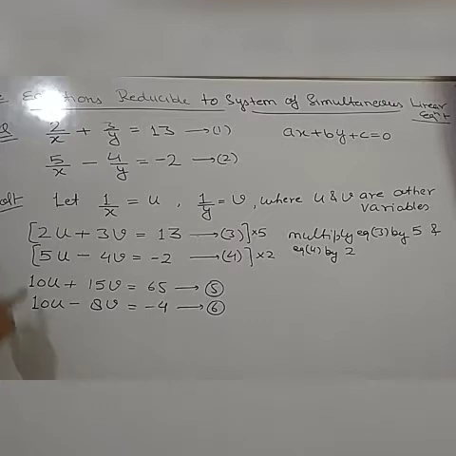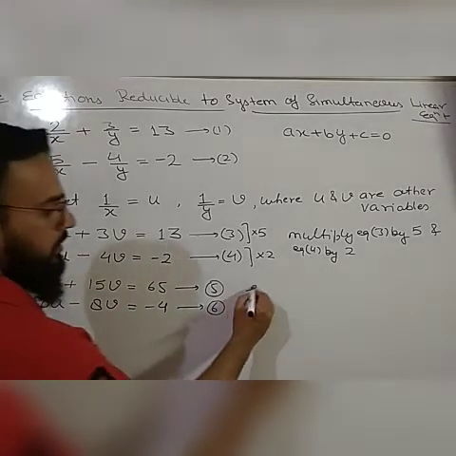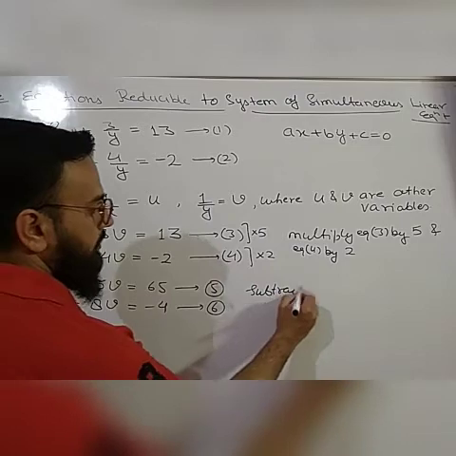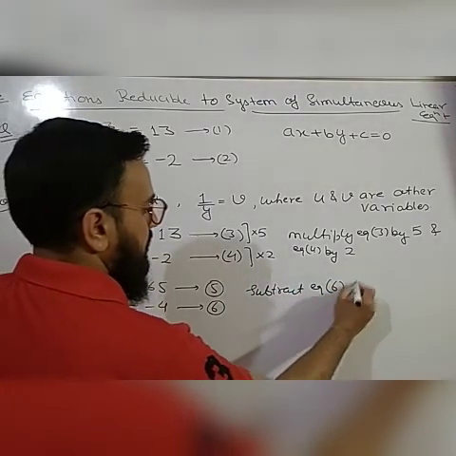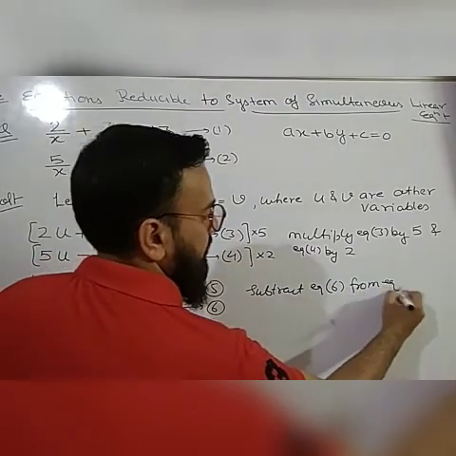Okay. Now again, checking the coefficients. Now in both the equations, the coefficients of u are 10. That means the coefficients of u are equated. But the sign is same. So we will subtract. Now we will subtract equation 6 from equation 5.